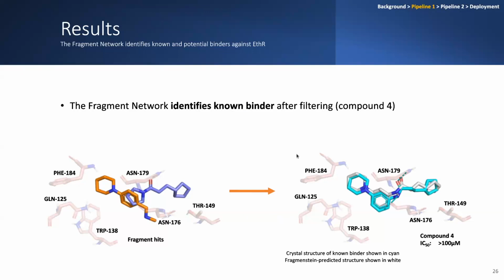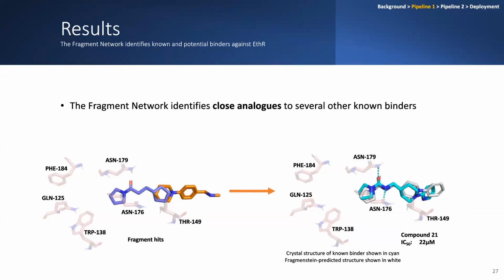We find that the fragment network does identify the known binder, compound 4, after filtering, and as you can see, the Fragment-Stein predicted structure in white again mirrors that of the crystal structure shown in cyan. The authors of that paper also designed several analogs of compound 5, of which we're able to identify several very close analogs or matched molecular pairs.